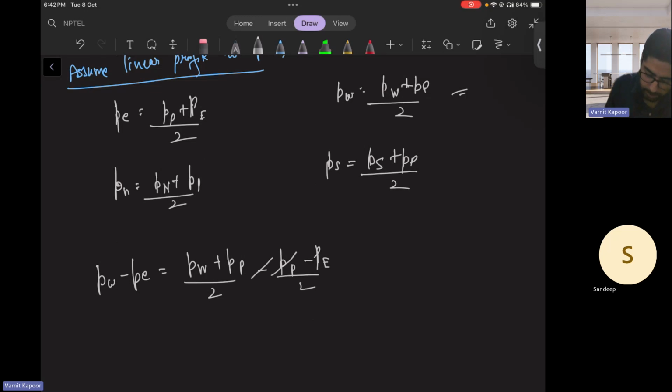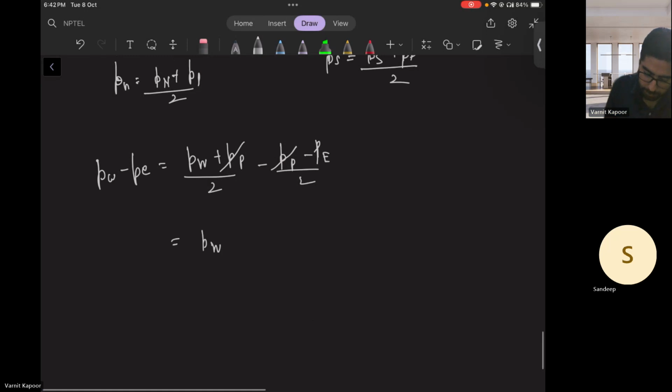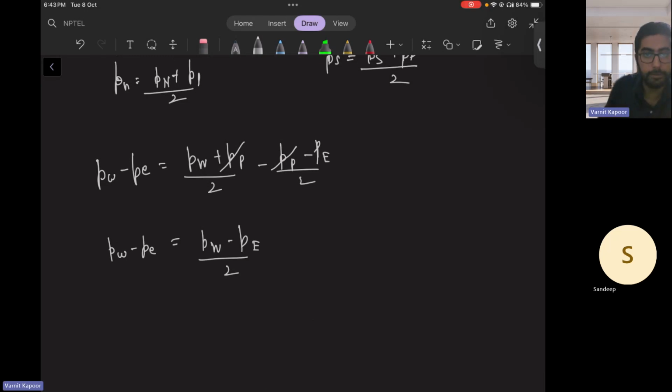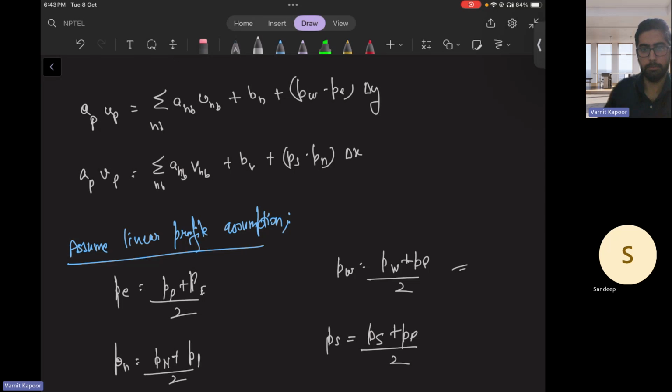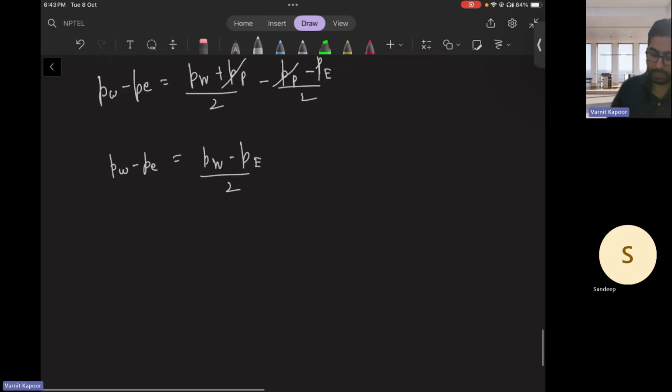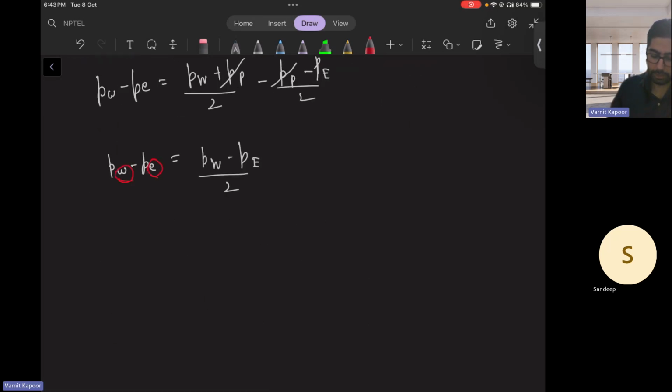So this cancels, and you are left with PW minus PE by 2, into delta Y if you will do. What we have done basically is convert the face values into the cell-centered values where pressure was getting stored.